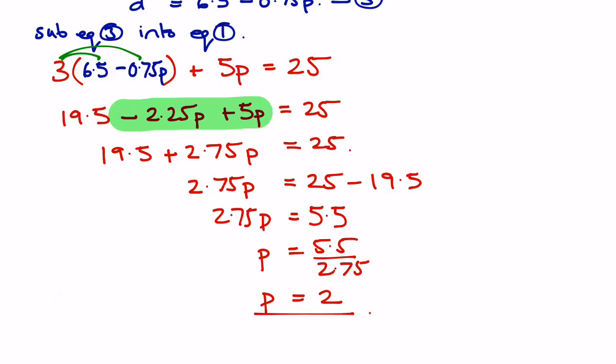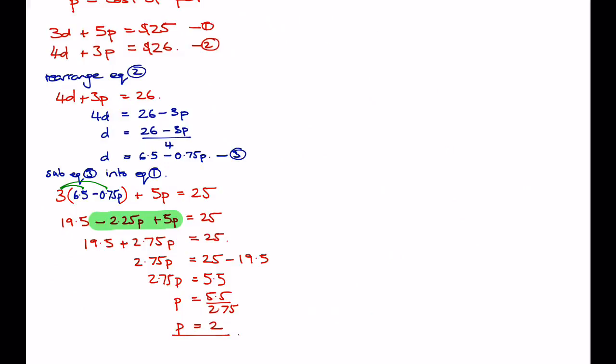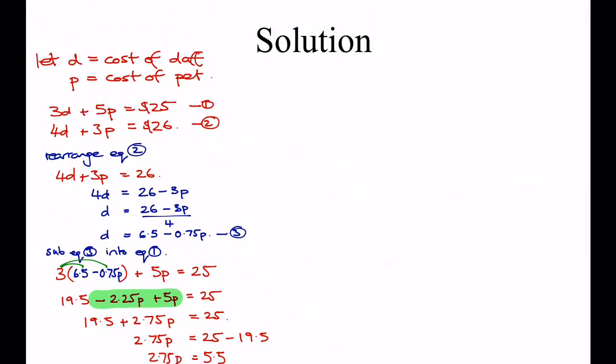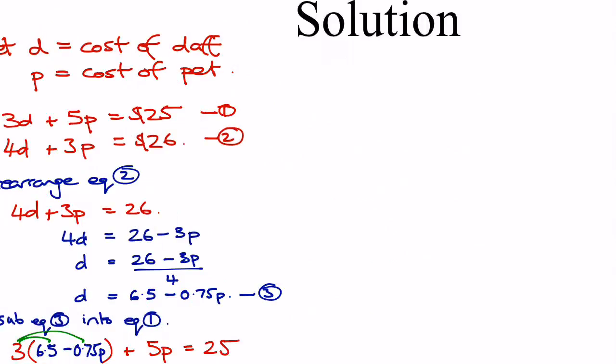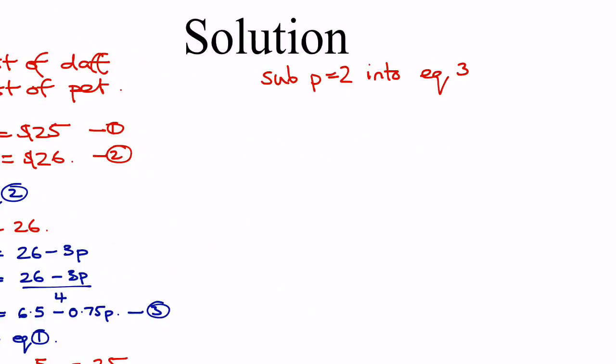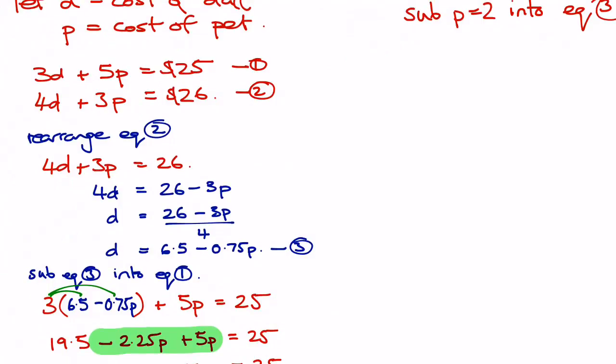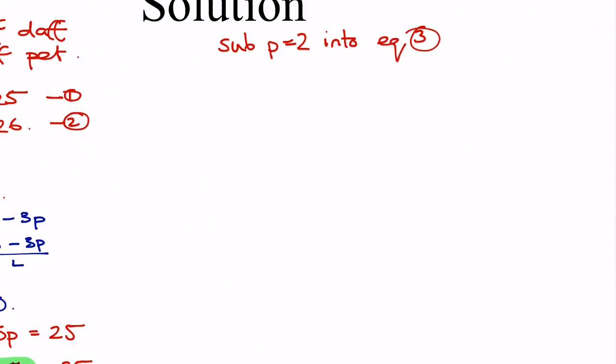So we're going to take that answer of P equals 2 now, and we're going to substitute it right back into equation number 3, and that'll give us a value for D. So sub P equals 2 into equation 3, and equation 3 was D equals 6.5 minus 0.75P.